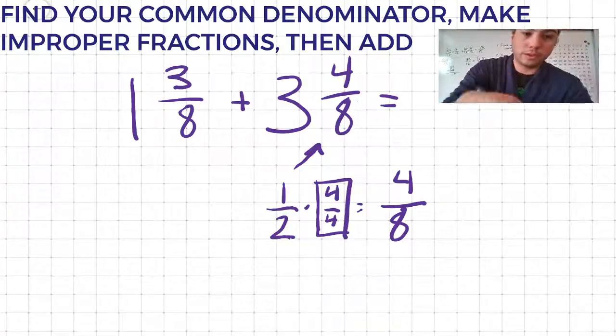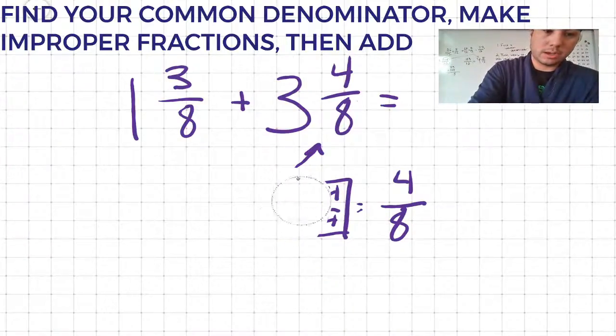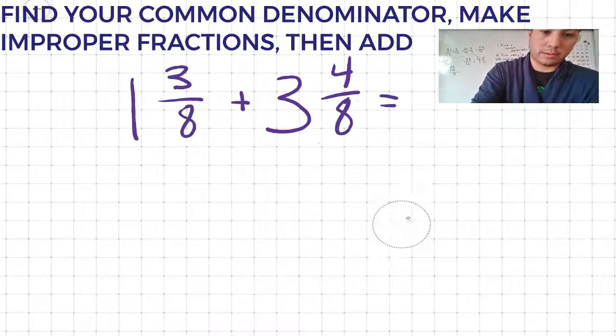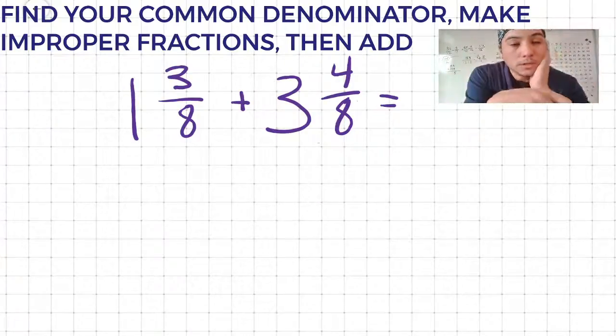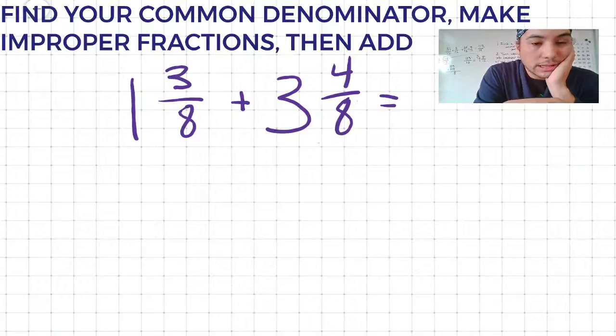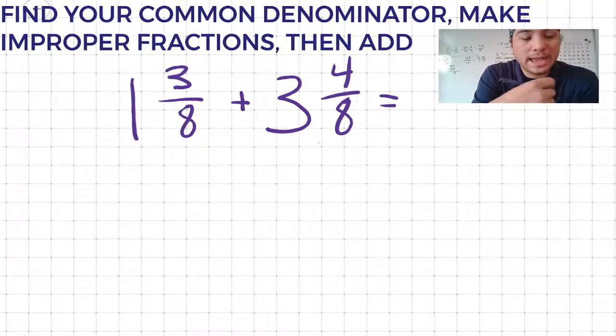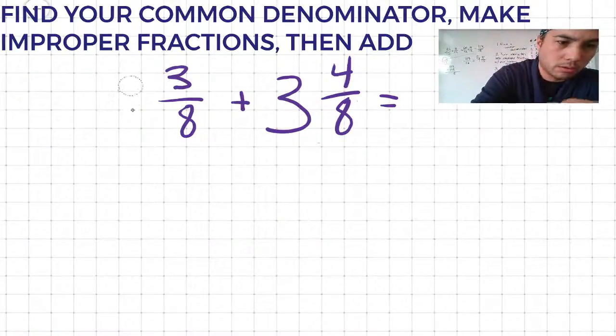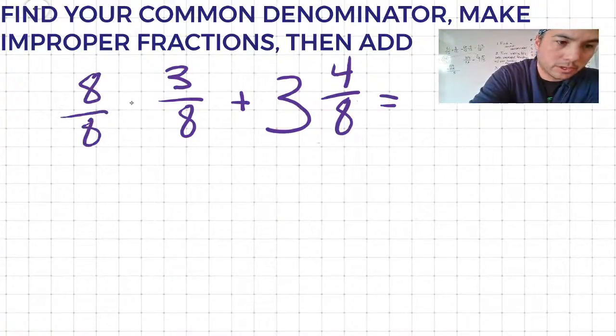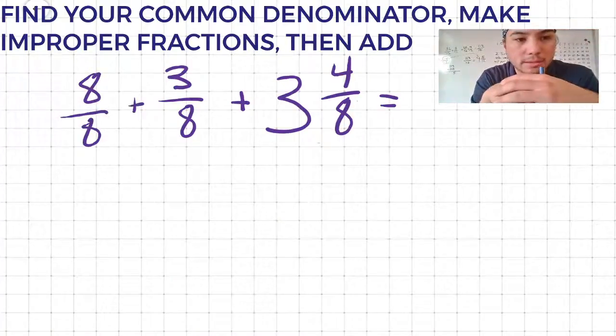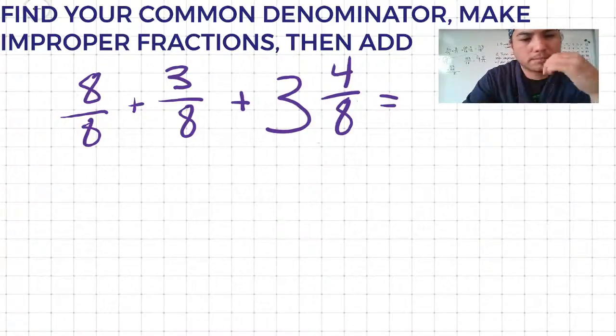Okay, so now we have 1 3/8 plus 3 4/8. So now, let's go ahead and make our improper fractions. How many eighths equals 1? Oh, we know that. That's an equivalent of 1. Same numerator and denominator. Erase and replace to make 8/8. How many eighths is our 3?